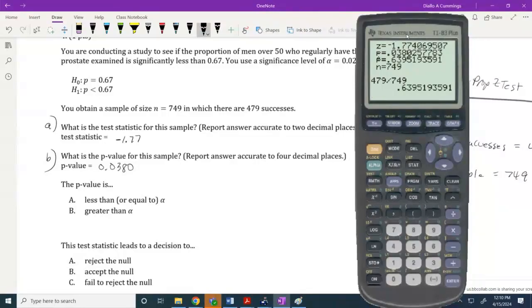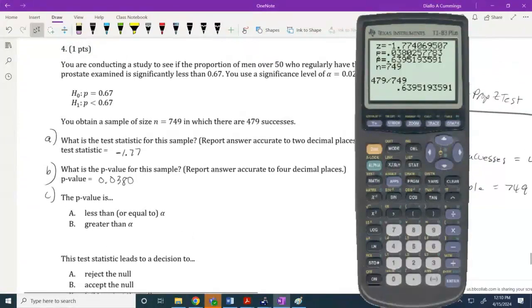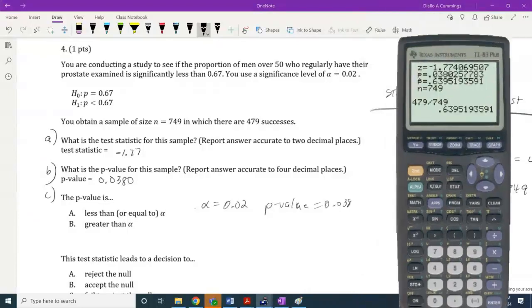So C says, is the p-value less than or equal to alpha, or is it greater than alpha? It's going to be greater than, because our alpha value is 0.02, and our p-value is 0.038. So that p-value is greater.